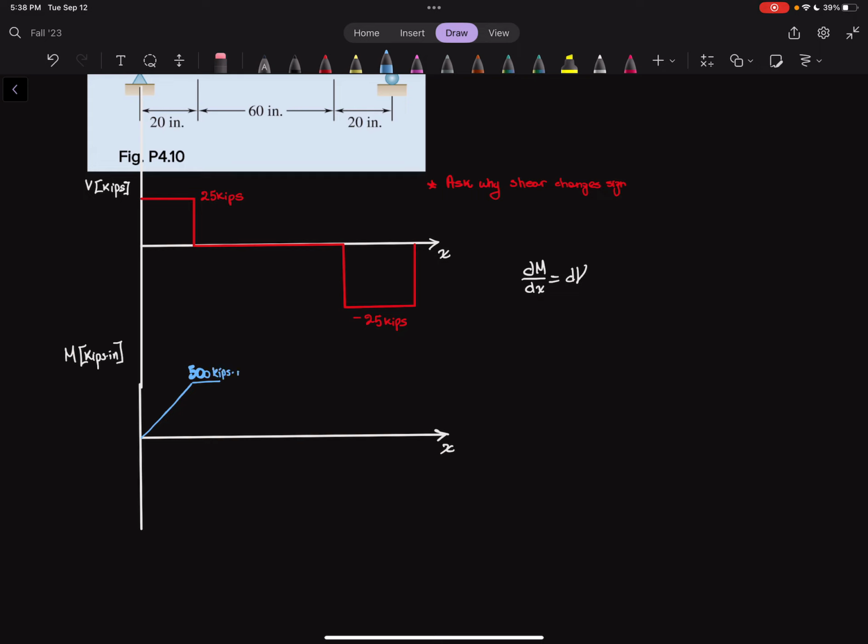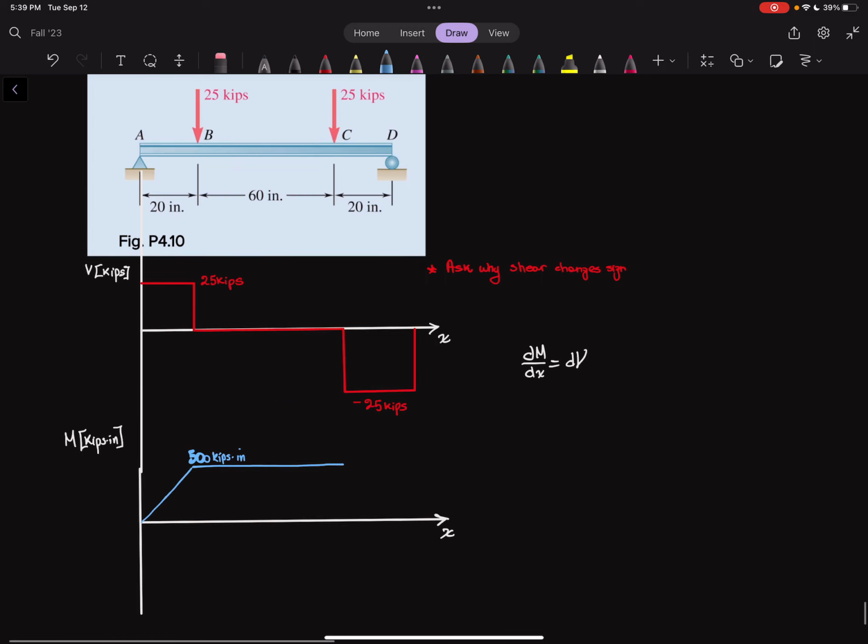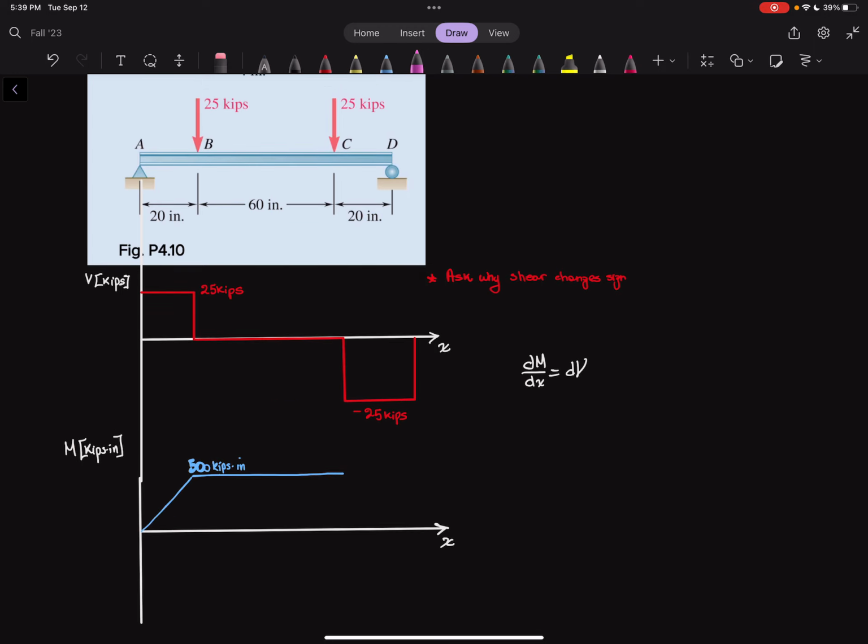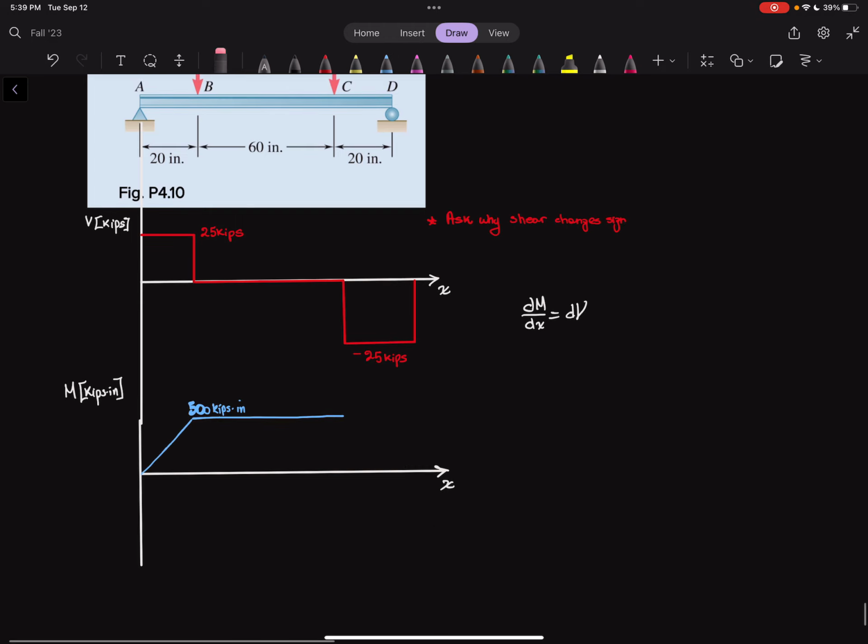And notice how here I'm starting to keep this flat. And why am I keeping this flat? Well, because here we just said if we cut here and we represent this as a force, they're equal and opposite. So I don't need any force, any shear in here. That's why it's pure bending. And so the moment doesn't increase. It's a pure moment.